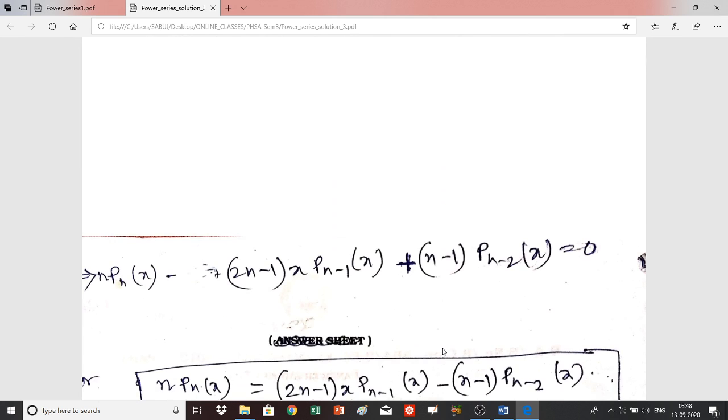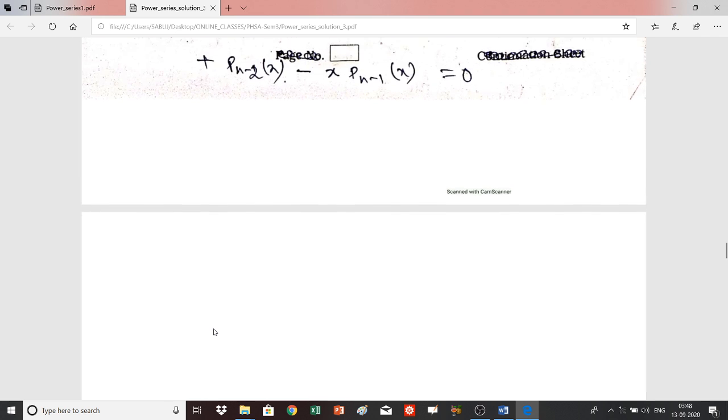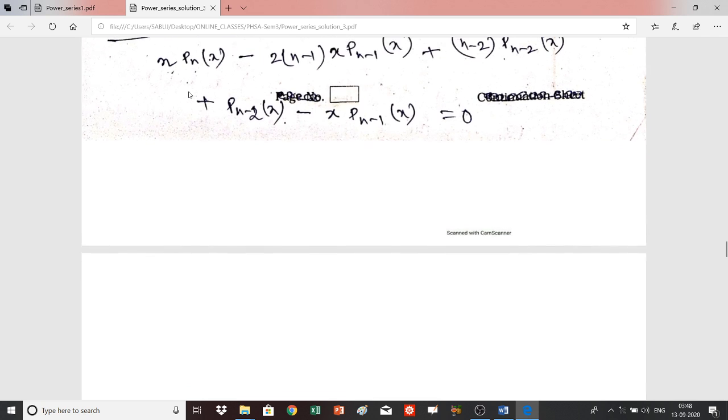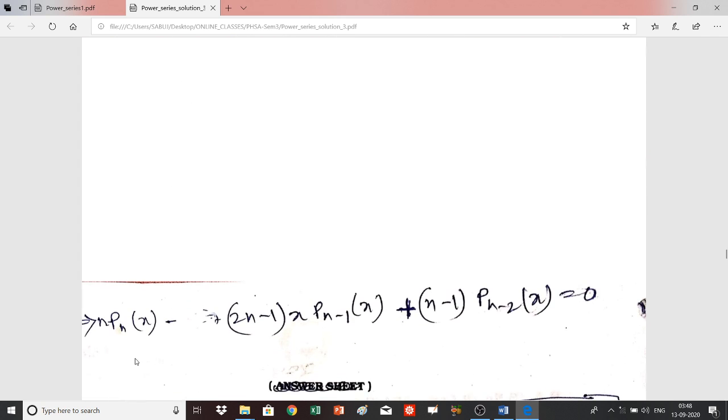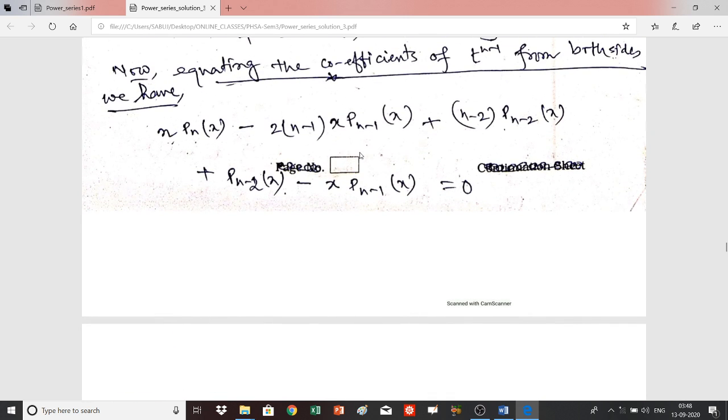And from this, after doing simplification, you can find that the first term is n into pn minus pn into x. So the first term is n into pn x, then minus, if you simplify this relation here, 2n minus 1 x pn minus 1, another term is x into pn minus 1.